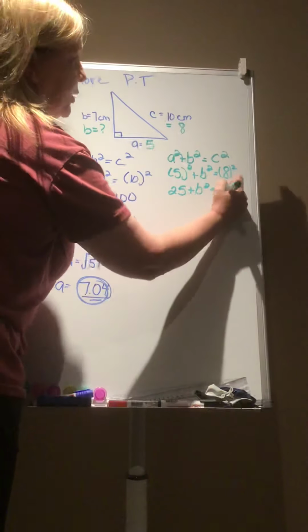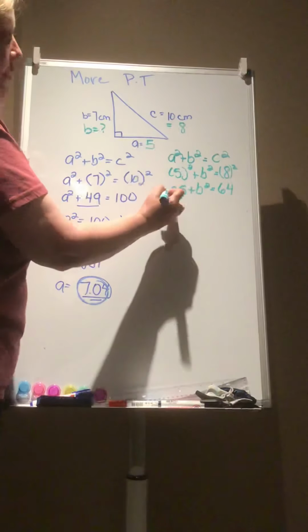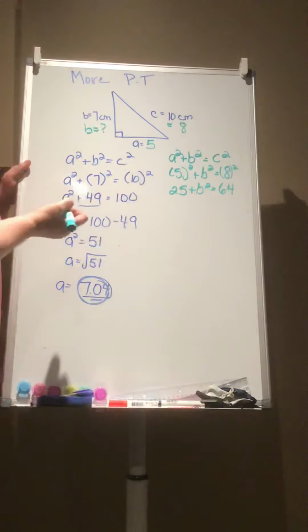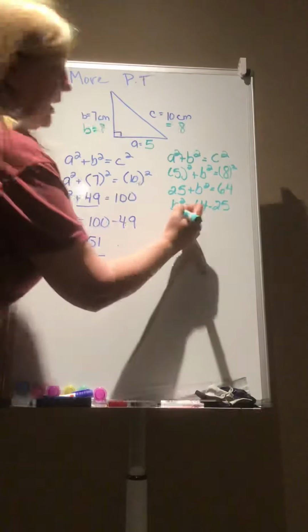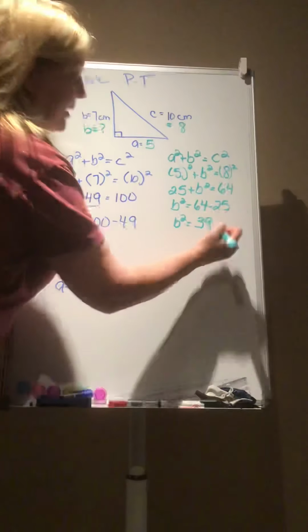Now I'm going to subtract 25. I want to bring that over, remember. And because there's no sign in front of this, I know this 25 is positive. So I end up with b squared equals 64 minus 25, which gives me b squared equals 39.